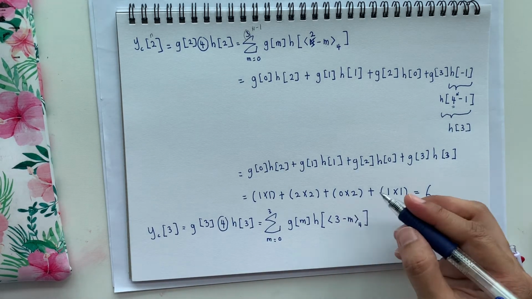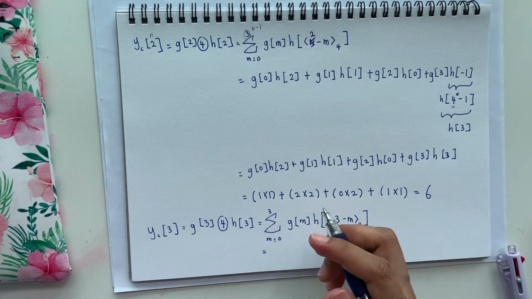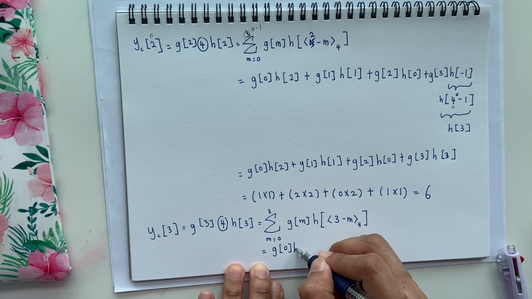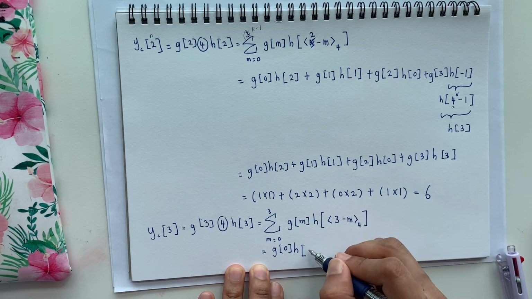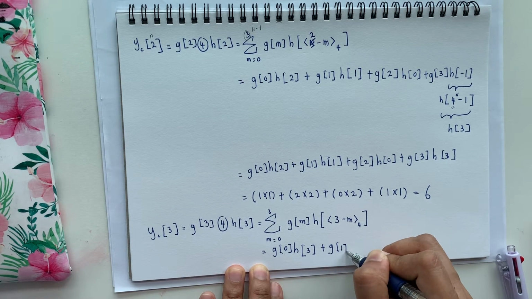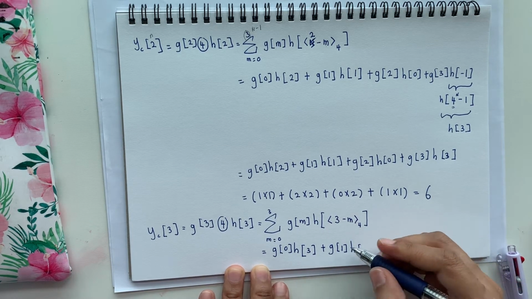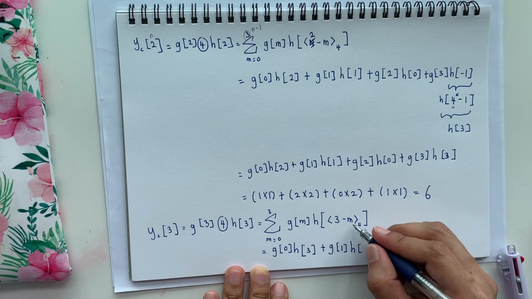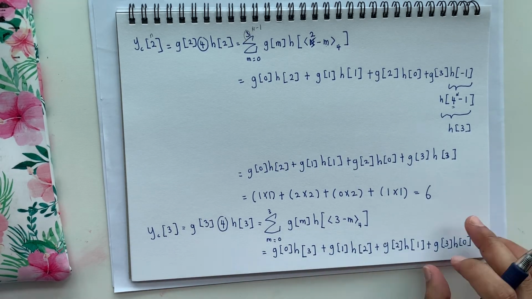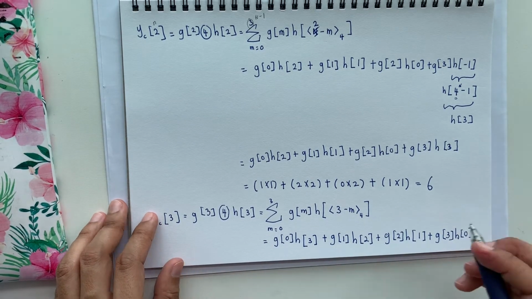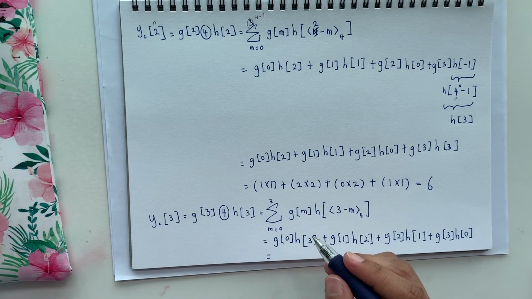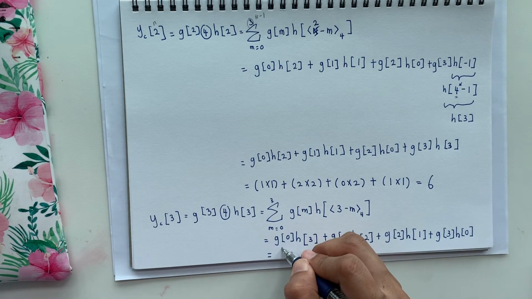So from here, you substitute one by one. G0, so first H3 plus G1 H. Okay, you substitute m with 1, so you get H2. You need to multiply and then you have to sum. Okay, so after you multiply, after you sum, you will get 5.